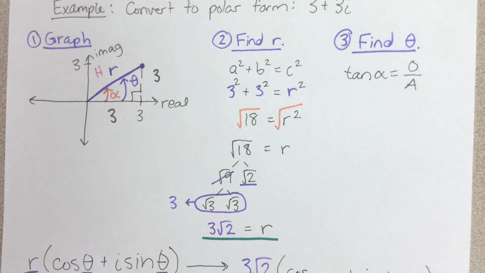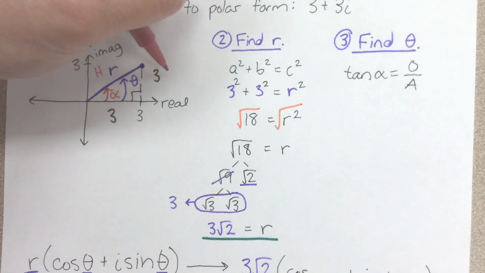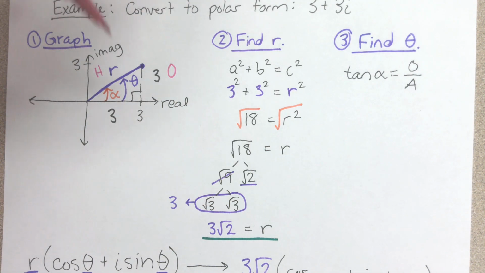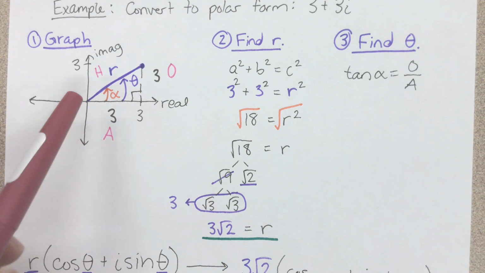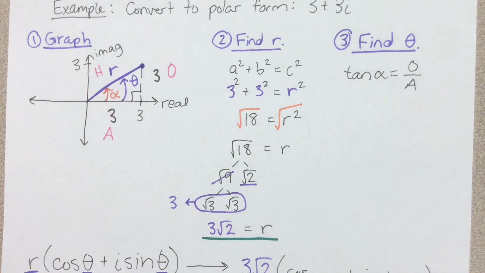R is always the hypotenuse. The vertical is O and the horizontal is A. A always goes on the horizontal, which conveniently touches alpha, which is also the Greek letter for A.